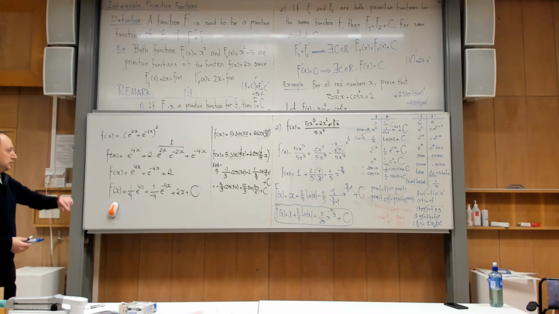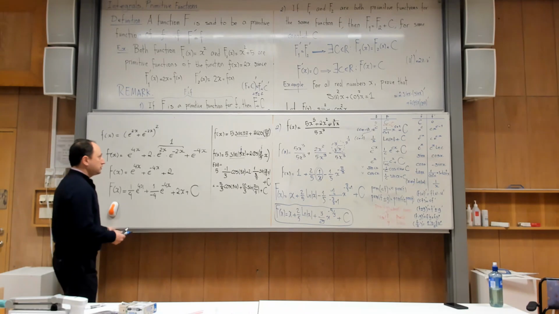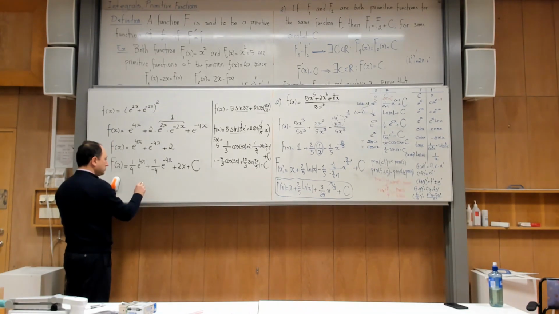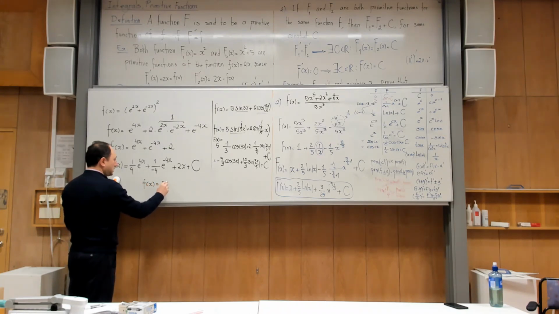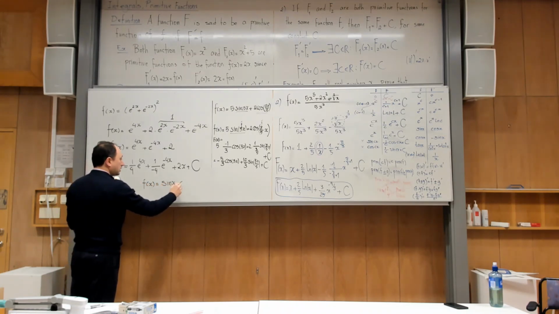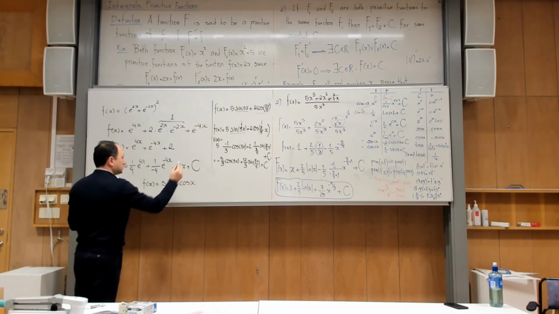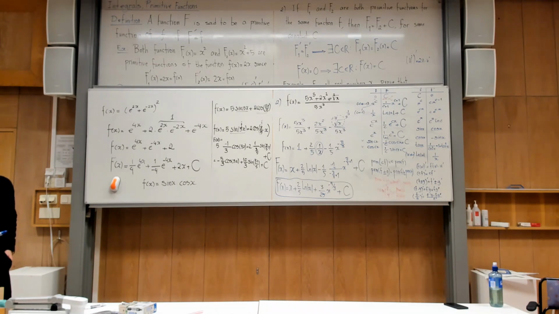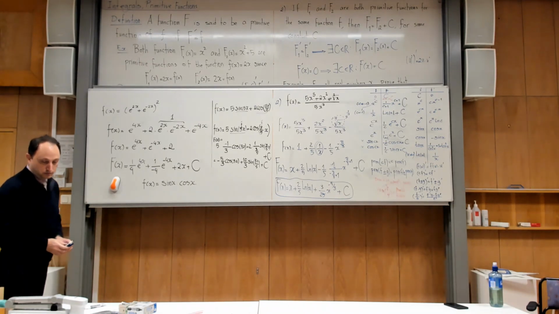One more example and then we are done. So what do you think about this function? Because I told you that there are no product rules, so you need to somehow find a way to solve this one. So sine x multiplied by cosine x. If I ask you to find all primitive functions for this function, do you have any idea what to do?